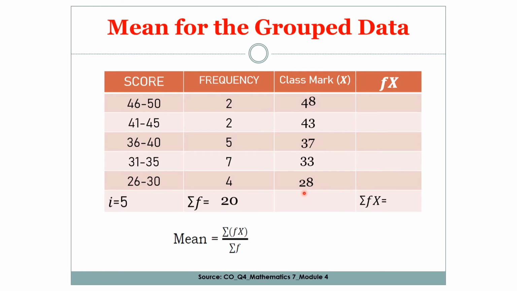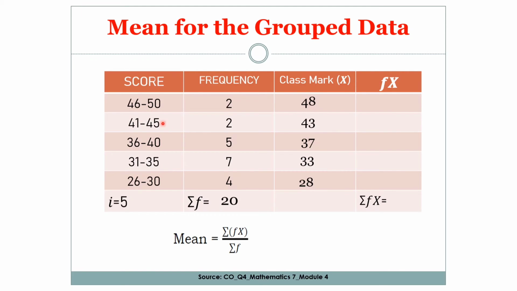There is another way of obtaining the class mark. You want to know? If yes, listen very carefully. In the class interval, there are two parts. This side is known as the lower limit, and this side is known as the upper limit. What we are going to do is add the lower and the upper limit.